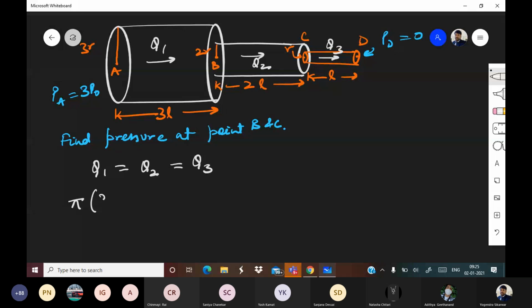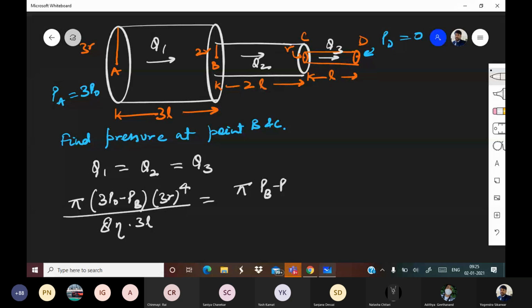And that is 3 P naught minus PB into 3R to the power 4 upon 8 eta into 3L, should be equal to pi into delta P. Delta P will be PB minus PC, into 2R to the power 4 upon 8 eta into 2L.